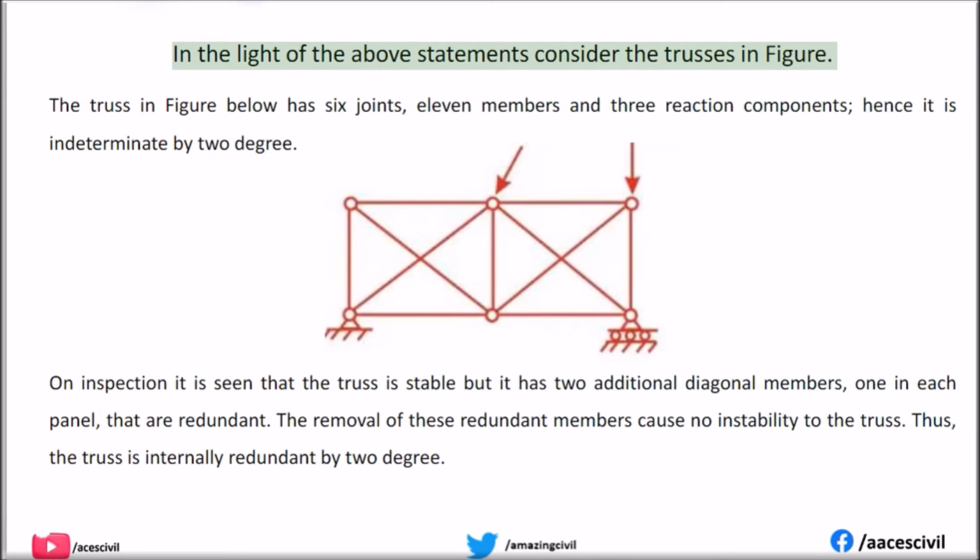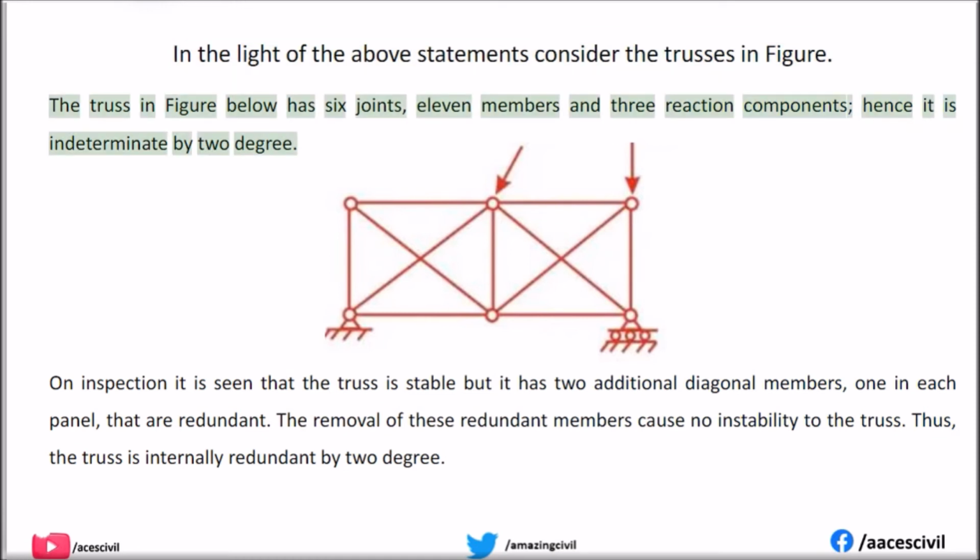In the light of the above statements, consider the trusses in figure. The truss in figure below has 6 joints, 11 members, and 3 reaction components, hence it is indeterminate by 2 degrees.